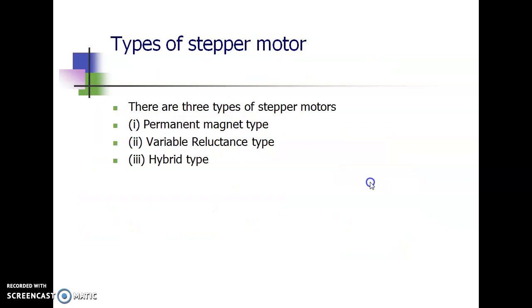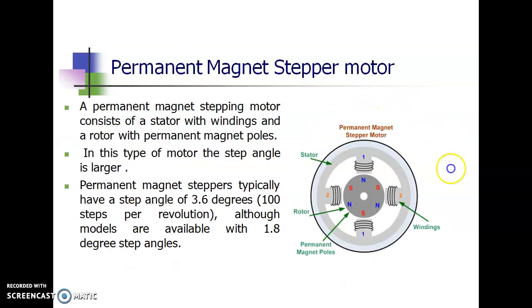This is similar to the previous principle. By providing electric current to these coils, they become magnetized, and because of that the permanent magnet gets attracted, and the rotor moves or rotates.